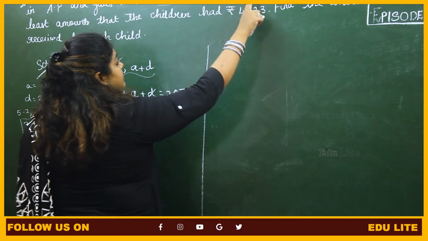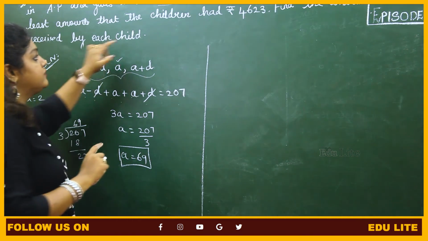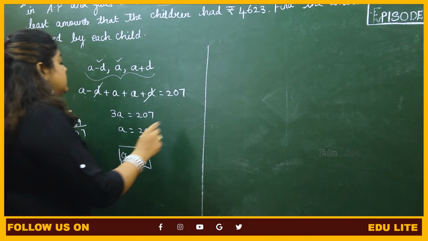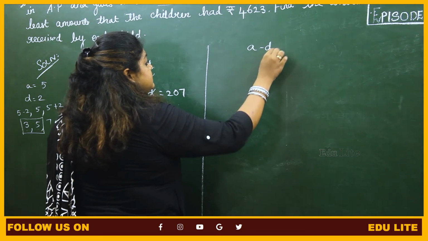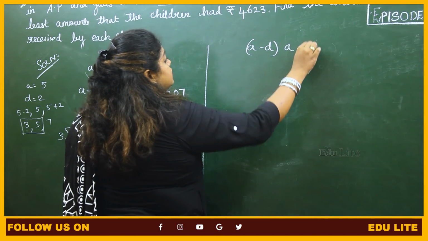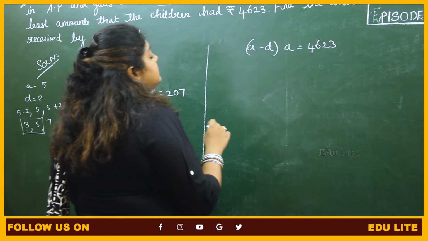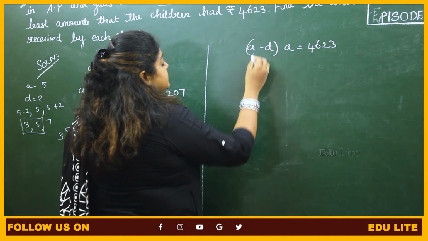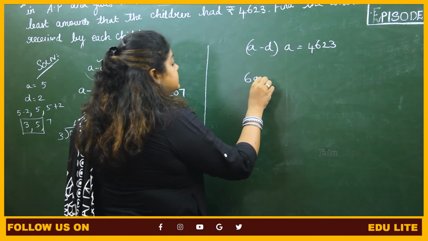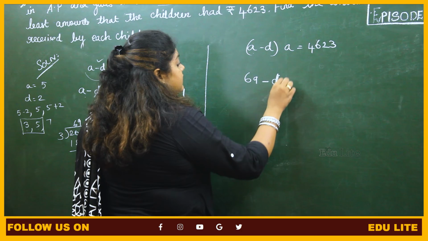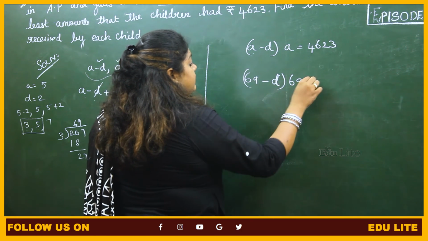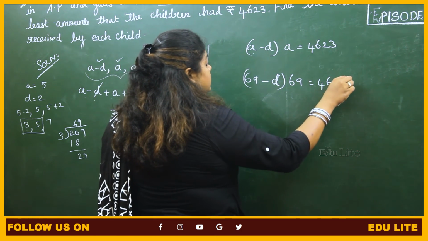According to the question, the product of the 2 least amounts of the children is 4623. So the product of A minus D into A equals 4623. Now we know the value of A, that is 69. We will substitute that. 69 minus D into 69 equals 4623.